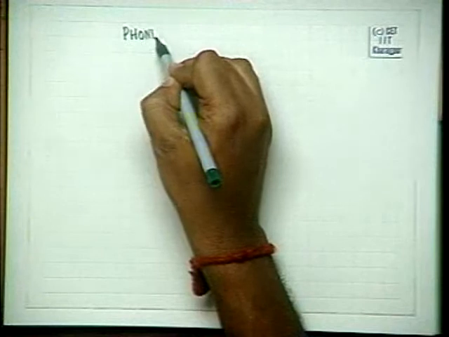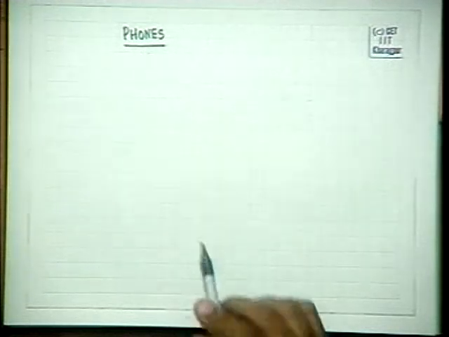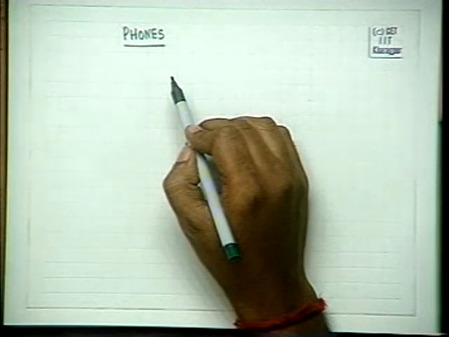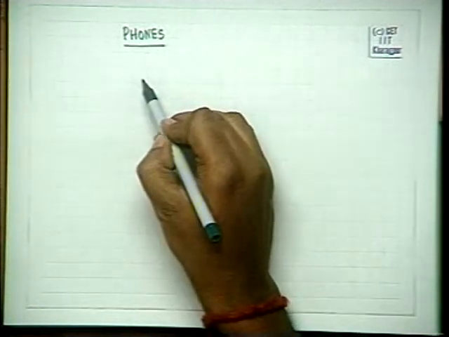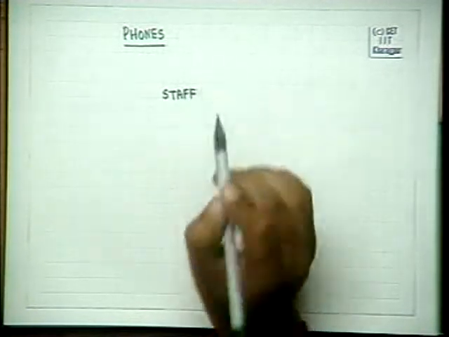Let us consider another example. Let us consider the example of telephones. Will we have one entity set regarding the staff and their telephones?